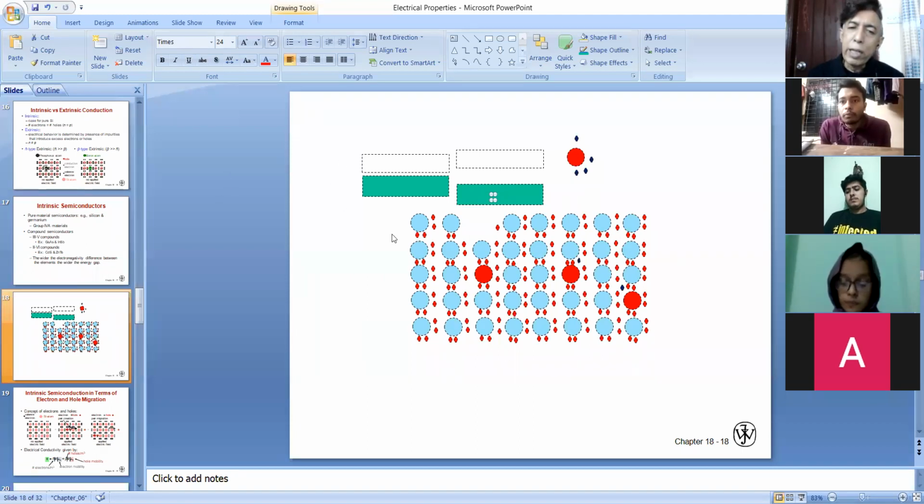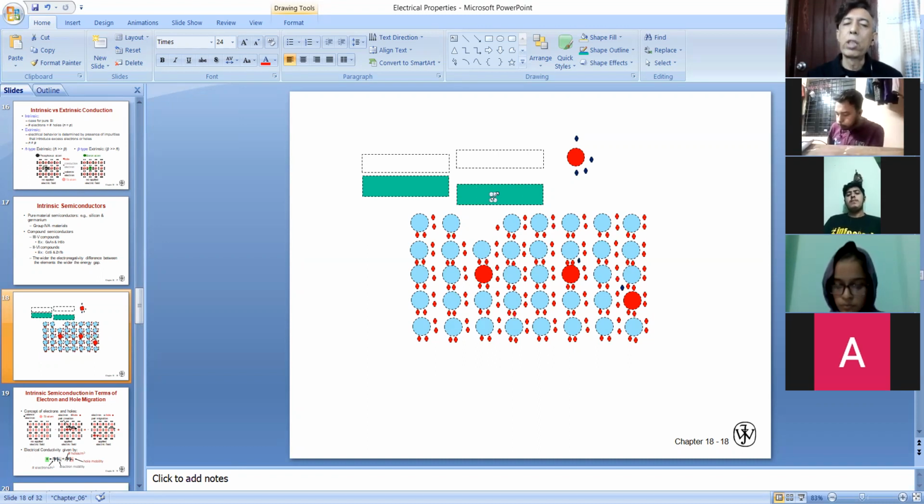So here are two types of electrons. One is the free electron. It can transit from the valence band to the conduction band very easily. And another one is the normal electron of silicon.